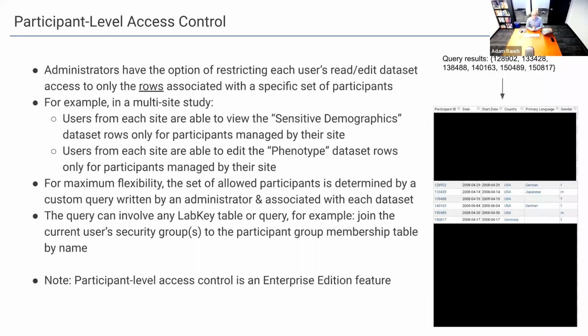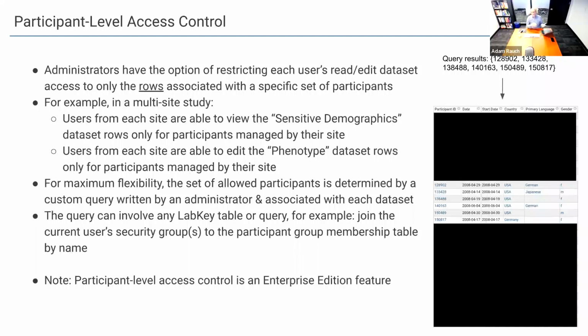So for maximum flexibility, this set of allowed participants for each user is determined by a custom query that's written by an administrator and then associated with an individual data set. So I can provide different queries associated with each data set.